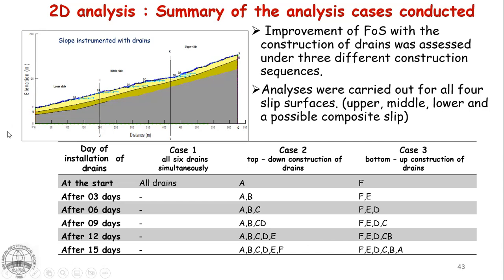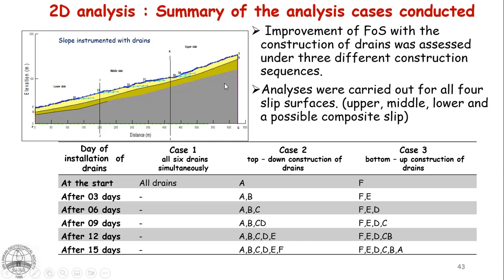We simulated the process and analyzed the effect of the construction sequence on achieving stability and enhancing the factor of safety. That is basically to find what is best to do. What are the changes if we do a top-down installation? Now in this slope, no geometry modifications were required.